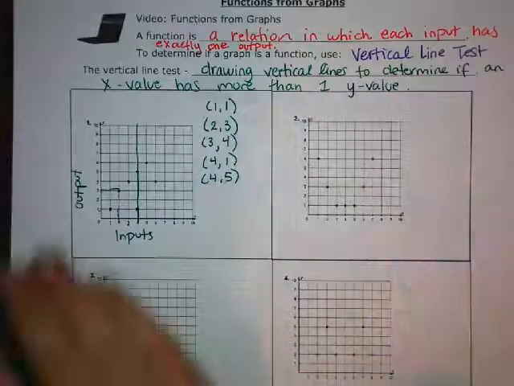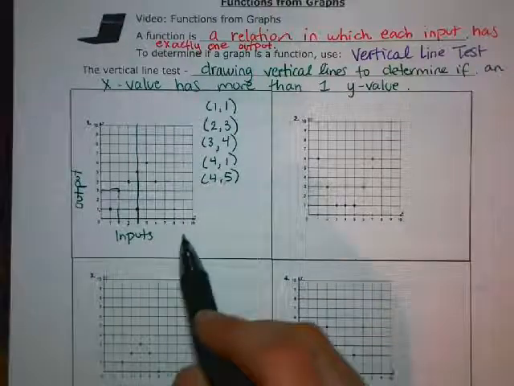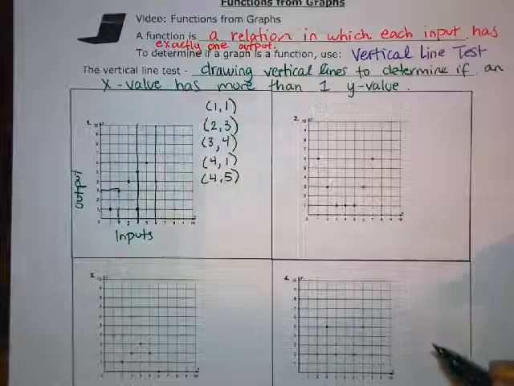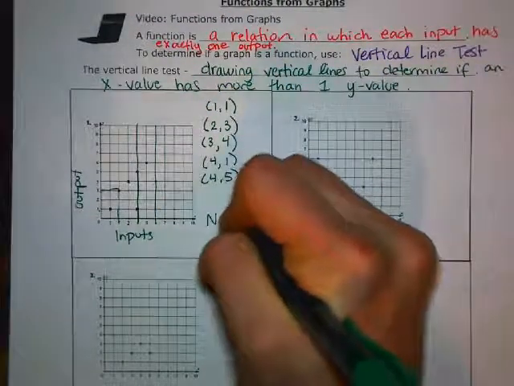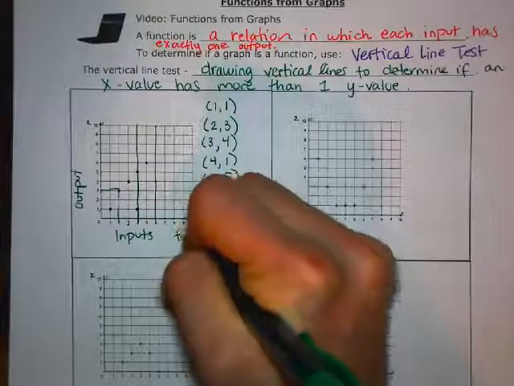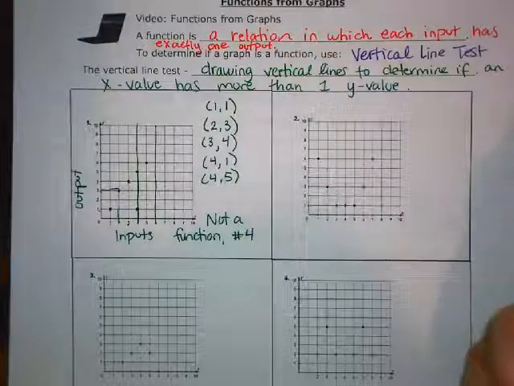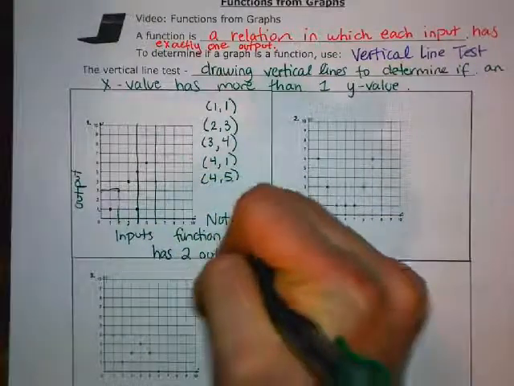So if at any x value on a graph, you draw a vertical line and it has more than one y value, it is not a function. So this is not a function. Number 4 has 2 outputs.